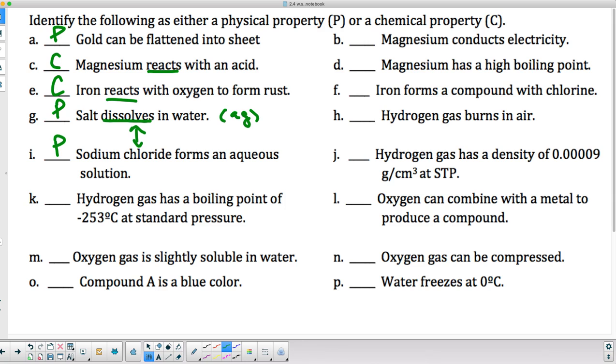Hydrogen gas has a boiling point, melting point. Those are all physical changes. I'm not going to go through each one of these, but you can go through here, and if it forms something new, forms a compound, reacts, that's chemical, and if it does not do that and changes state from solid to liquid or changes its overall appearance but not into something new, then it's physical.